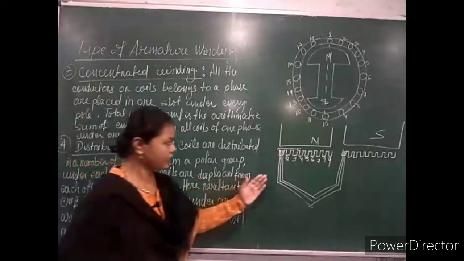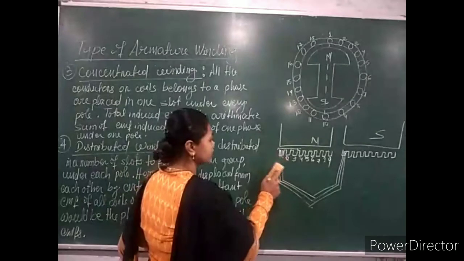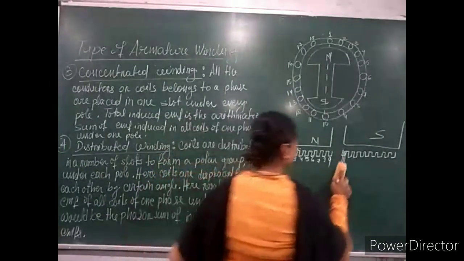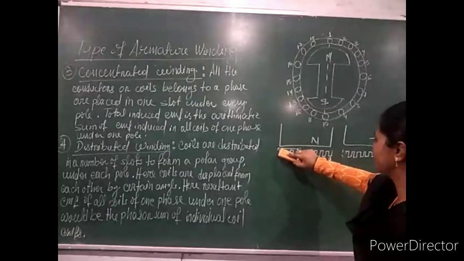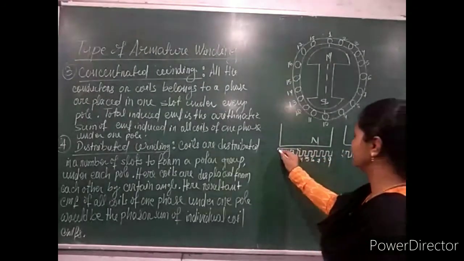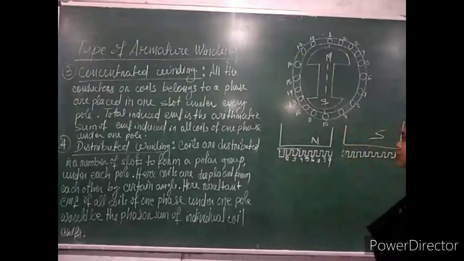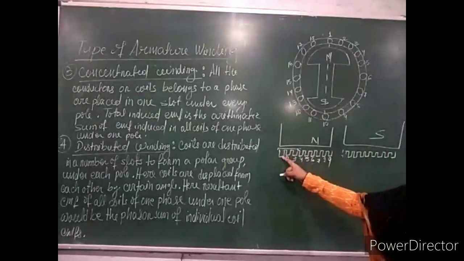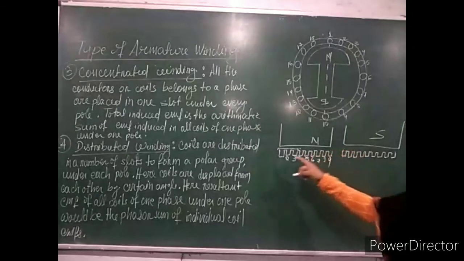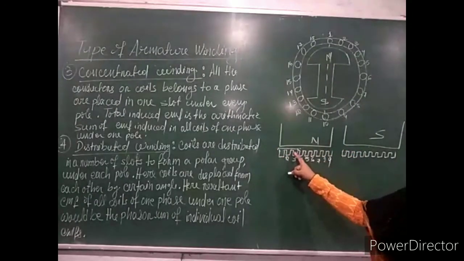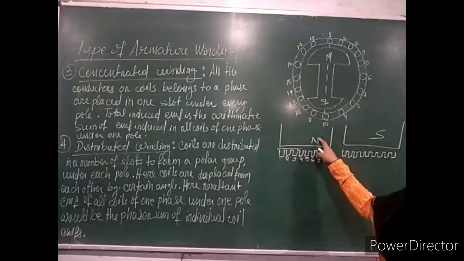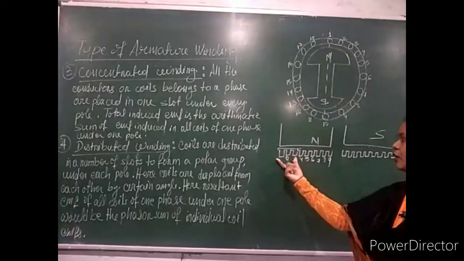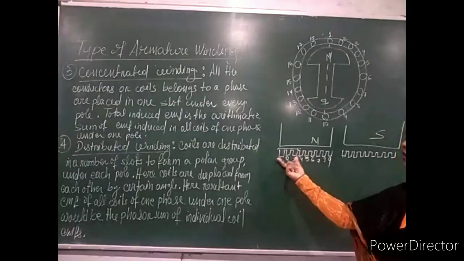So how do I place the coil for distributed winding? Here I take the example of a 3-turn coil. Instead of bunching it in a single slot, I distribute it in individual slots under each pole belonging to each phase.